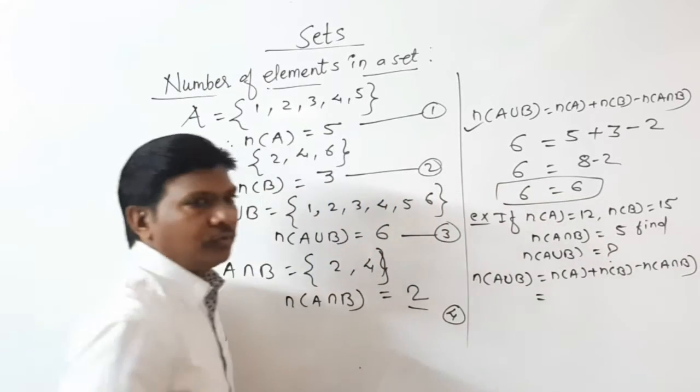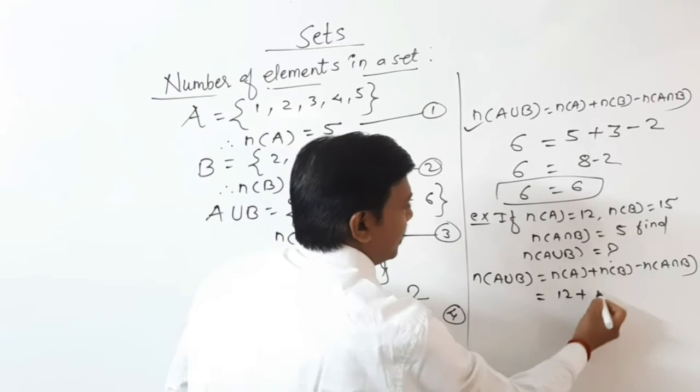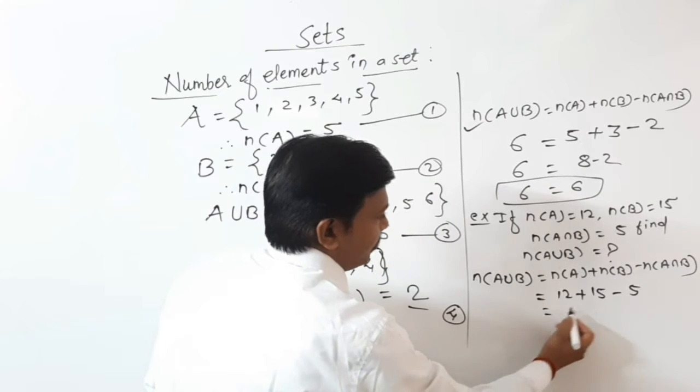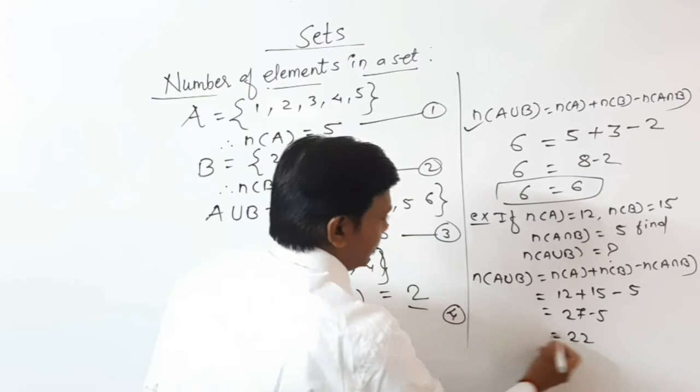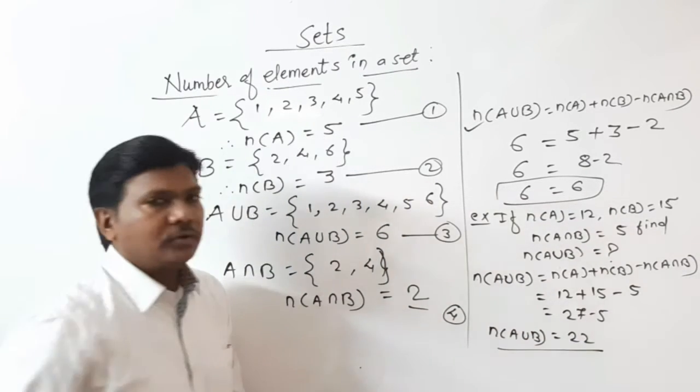Then put the values. n(A) is 12 plus n(B) is 15 minus 5. So this is 27 minus 5. So answer is 22. So number of elements in A union B is 22.